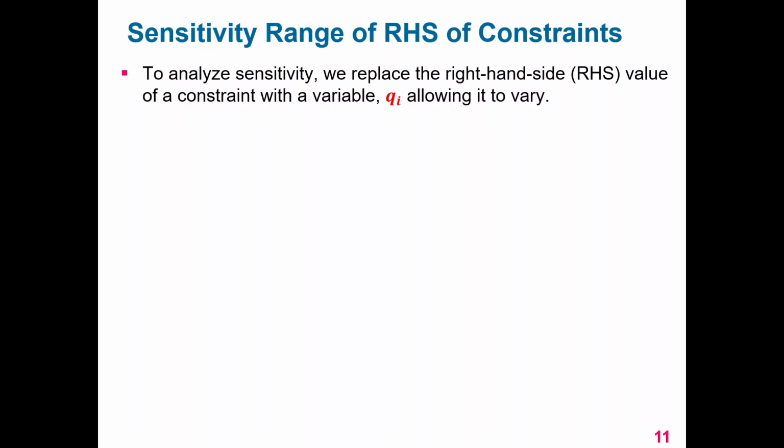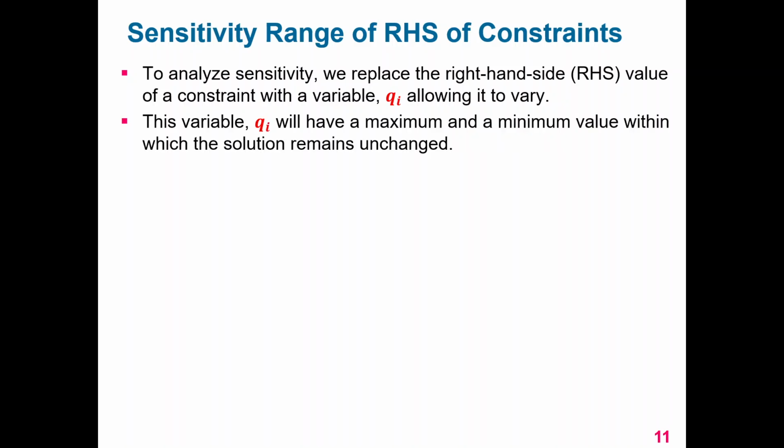To analyze the sensitivity range, we replace the right hand side of the constraint with the letter Q and the subscript i. Again, as we used with the slack si, i is for the first constraint, second constraint, and so on. So the variable qi can have a maximum and a minimum value, and within that range the solution will remain unchanged.